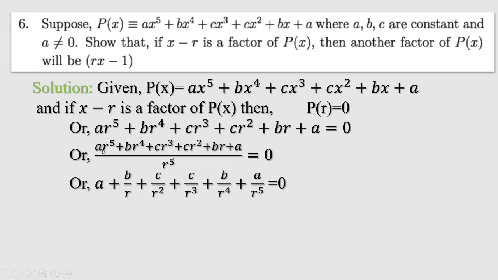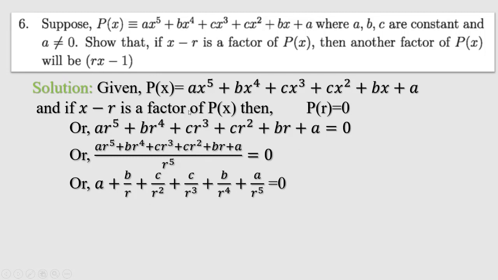Now, dividing ar to the power 5 by r to the power 5, we get a, plus br to the power 4 by r to the power 5, we get b by r, plus cr cube by r to the power 5, we get c by r square, plus cr square by r to the power 5, we get c by r cube, plus br by r to the power 5, we get b by r to the power 4, plus a by r to the power 5. Okay.